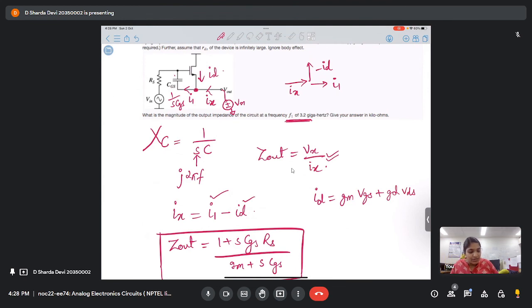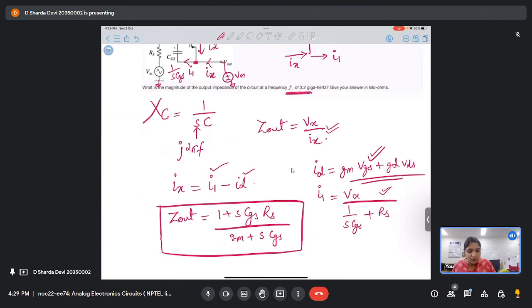So you try and solve this and convert it in terms of Vx, okay? And another one is I1. How will you write I1? It is Vx upon 1 by sCGS plus RS, right? This is the voltage up to ground divided by resistance, which will give you current, right? Yes, ma'am. From here we'll get ID, from here we'll get I1.